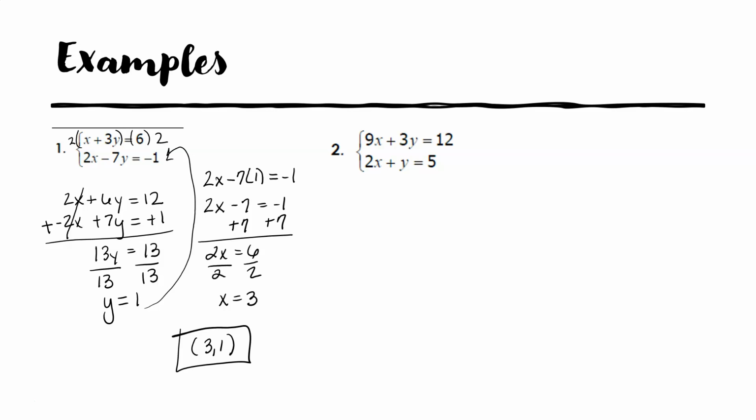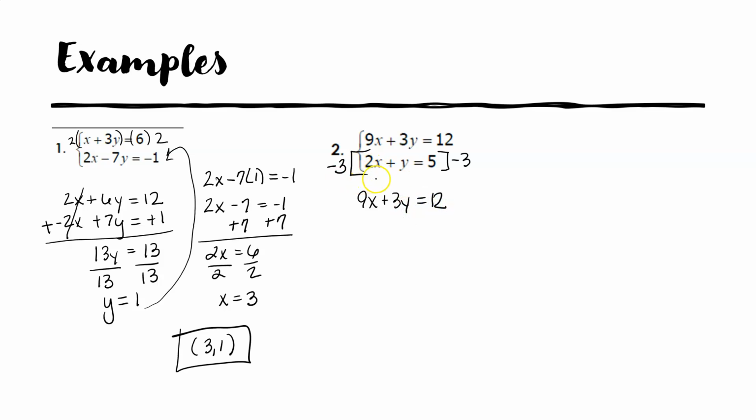Okay, number 2, I'm looking for a common coefficient. It's easy when you have a coefficient that's 1 because you just need to multiply by the coefficient. This time I'm going to use -3 because then I can just add them. So let me copy this again so we keep everything straight.